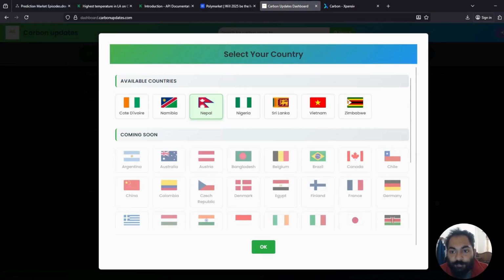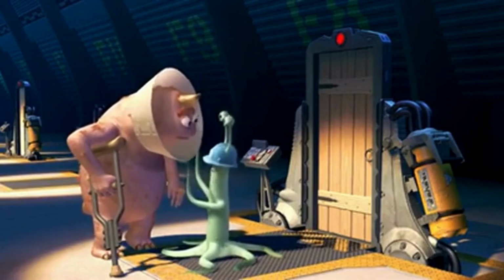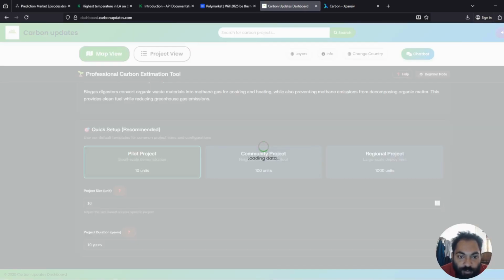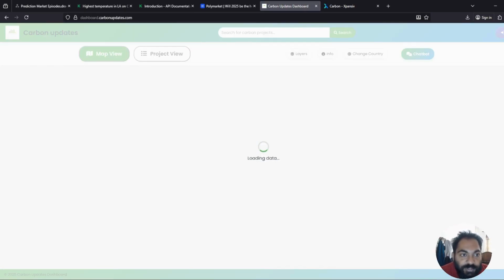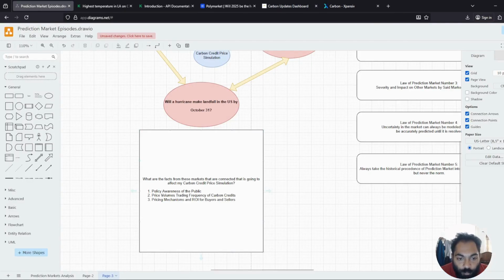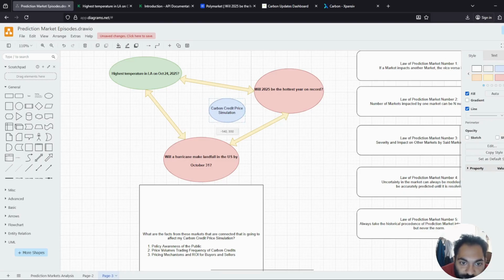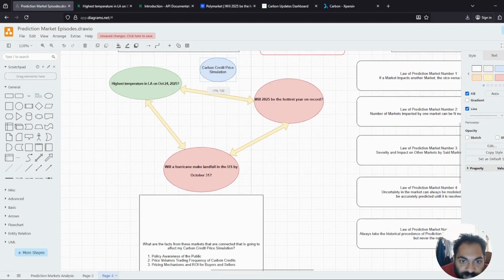And based on that, on our platform, if somebody comes from Nepal, there's a different sort of pricing volume in Nepal, mechanisms and everything else, and all of this is dictated right now. Will we be able to add more points to these? Of course, absolutely. The whole idea is you're trying to figure out the carbon credit price simulation, right?